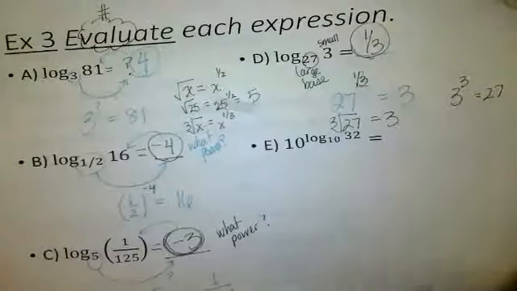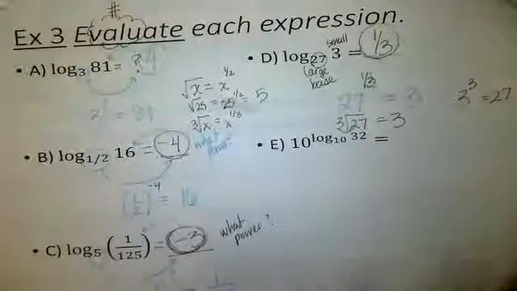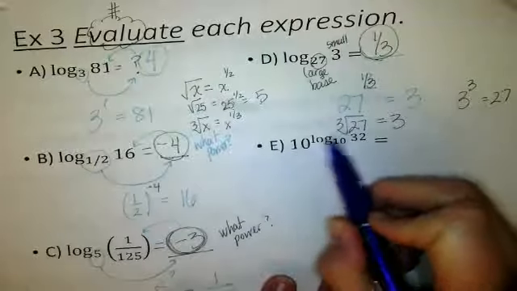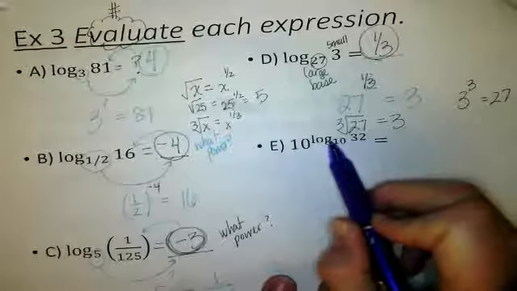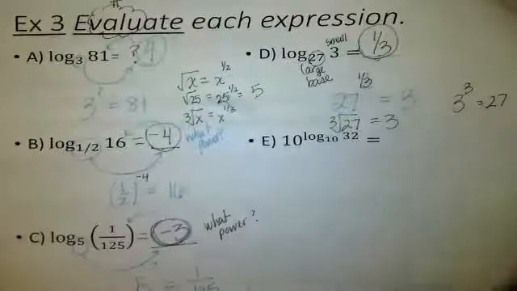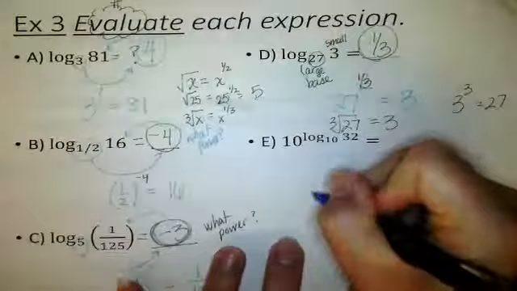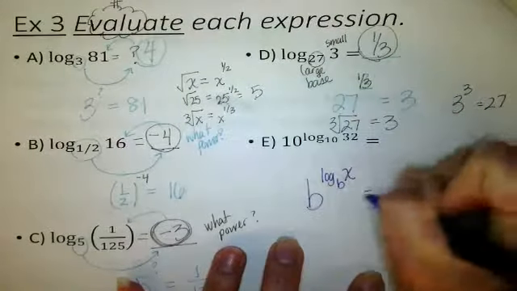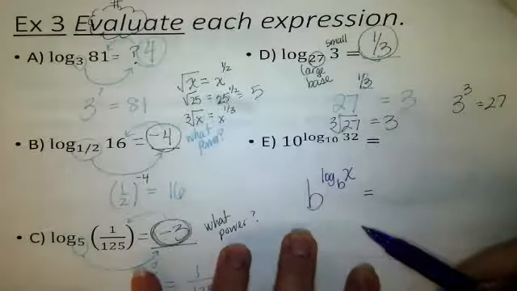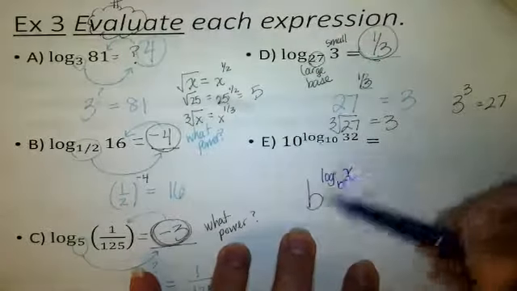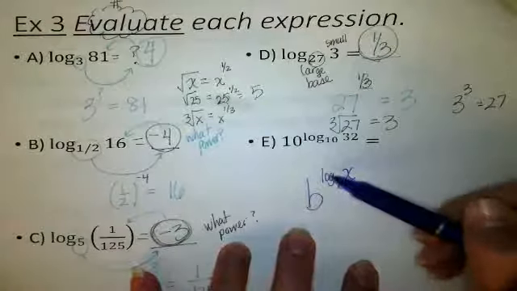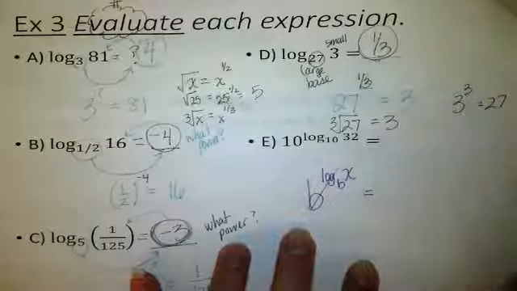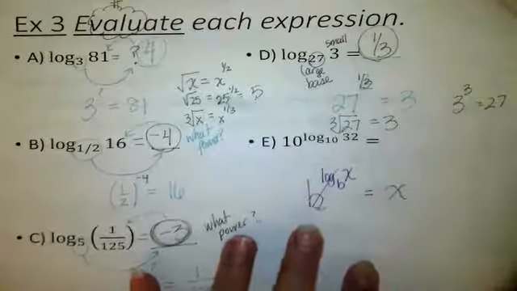All right, the last one is a rule that I don't ever really teach. You'll notice we have a base of 10 and a logarithm inside the little exponent position. Logs and exponents cancel each other out. I'm just going to give you a rule. b to the log base b of x. When we have a base and a log of the same base, they undo one another, and it just equals x.